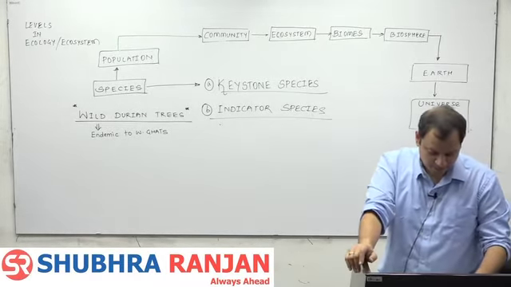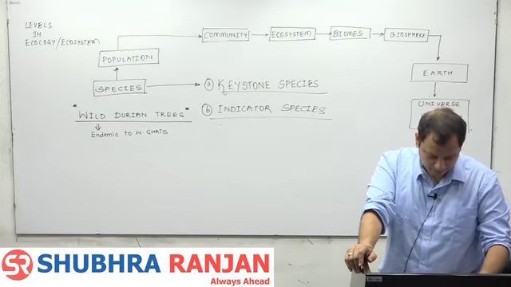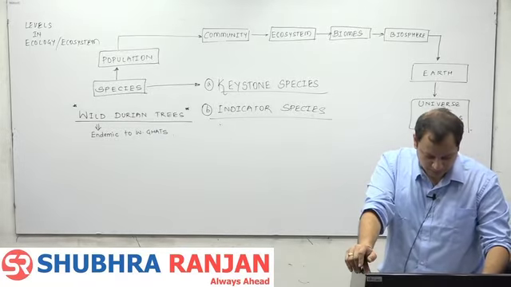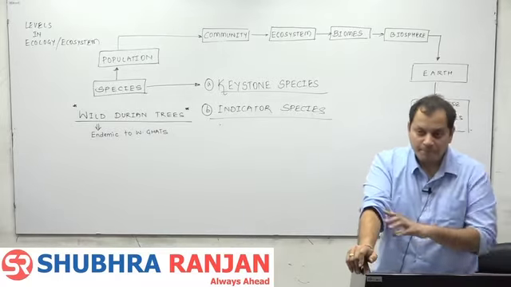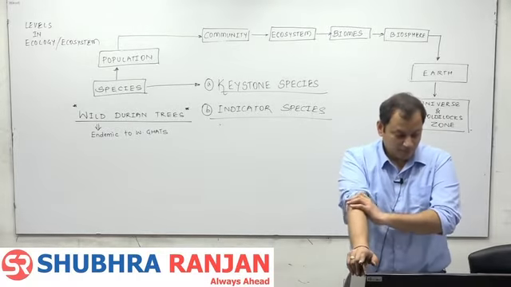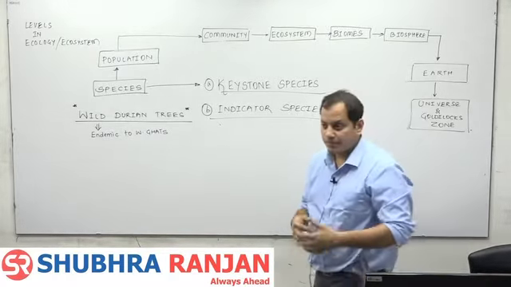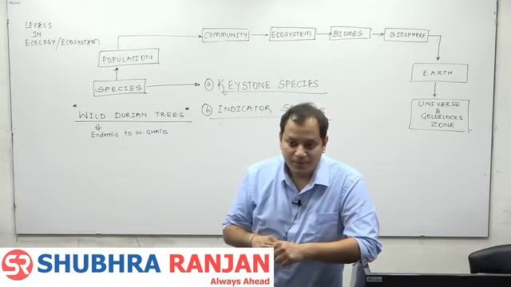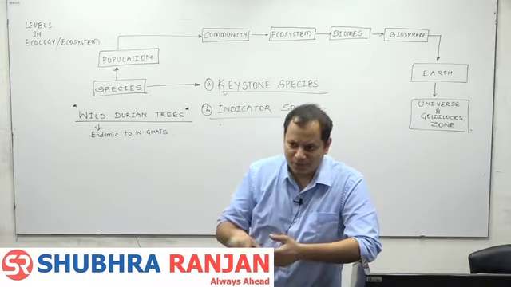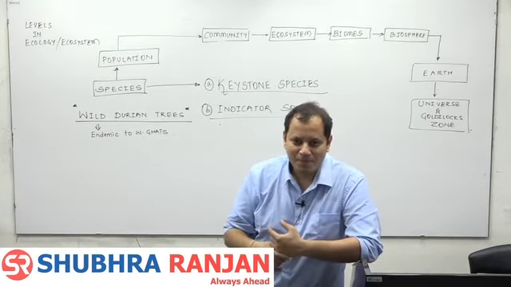Indicator species. What do you mean by indicator species? चूहे अगर बहुत ज्यादा है इस रूम में तो इसका मतलब क्या है?